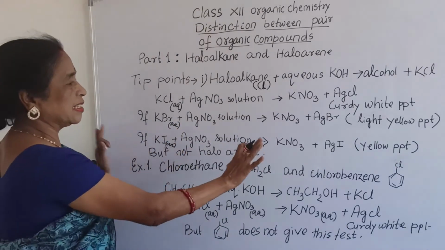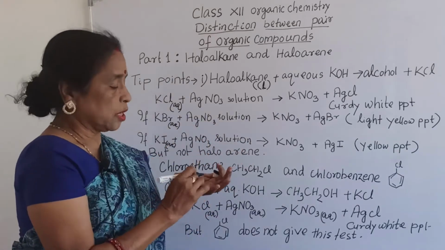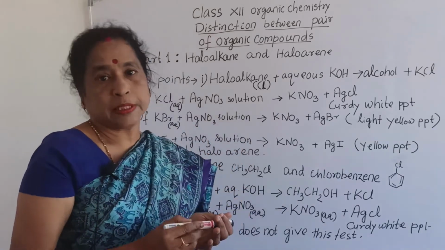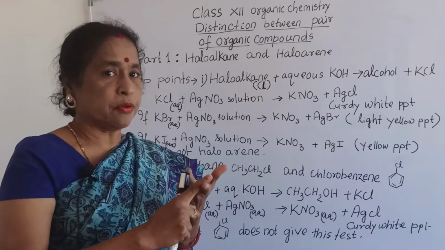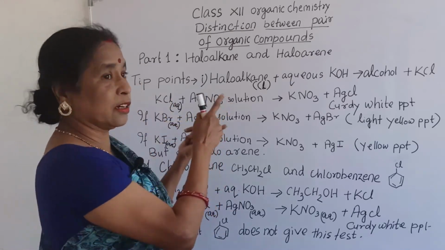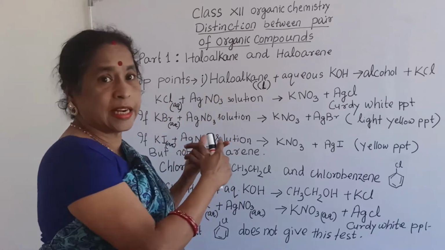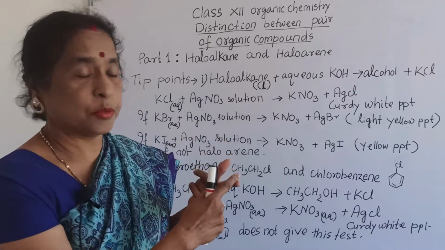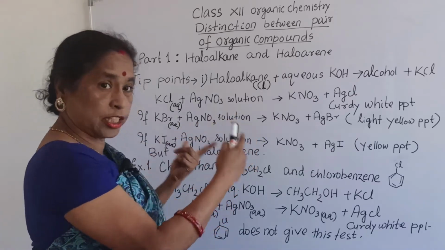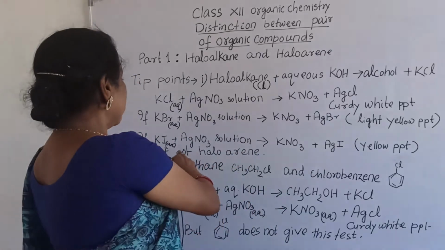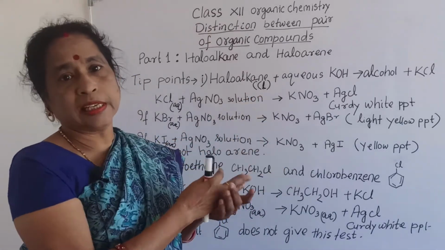This is the main reaction: we observe the color of the precipitate. Curdy white means the haloalkane contains chlorine, light yellow means bromine, and yellow means iodine.